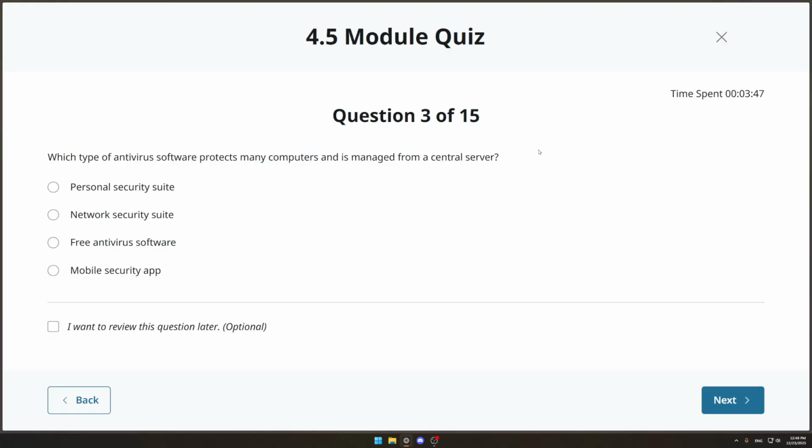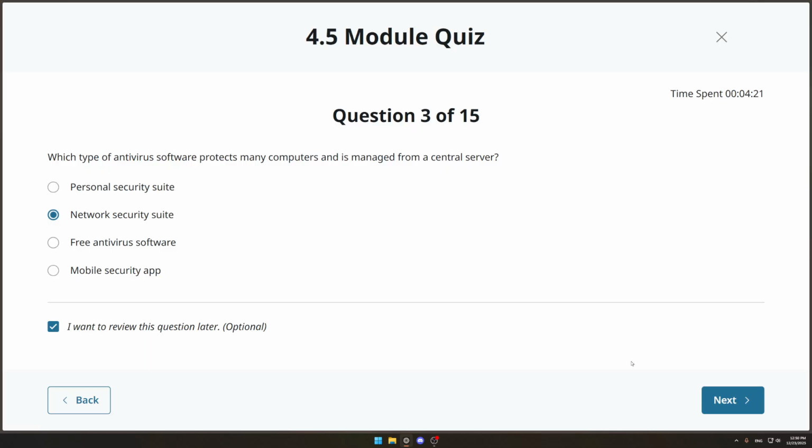Which type of antivirus software protects many computers and is managed from a central server? Probably a network security suite. A network security suite.